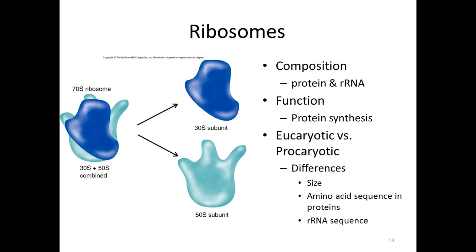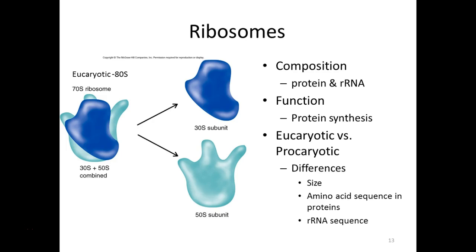So the only number I want you guys to remember, because you will see it quite often, is 70S is the size of prokaryotes. Eukaryotes, the overall size of their ribosome complex is 80S. So again, you can tell that in general, eukaryotes are larger, right?